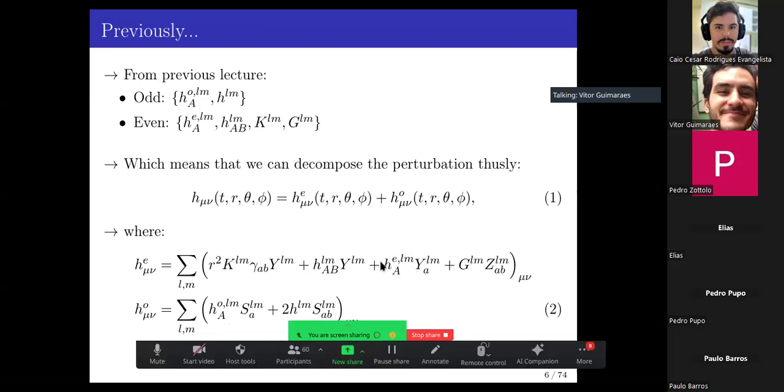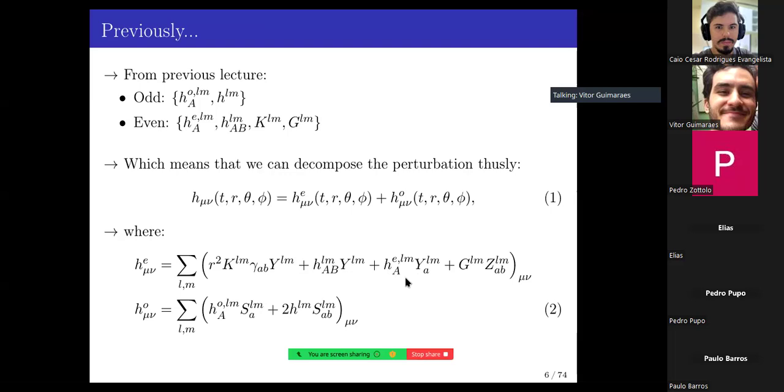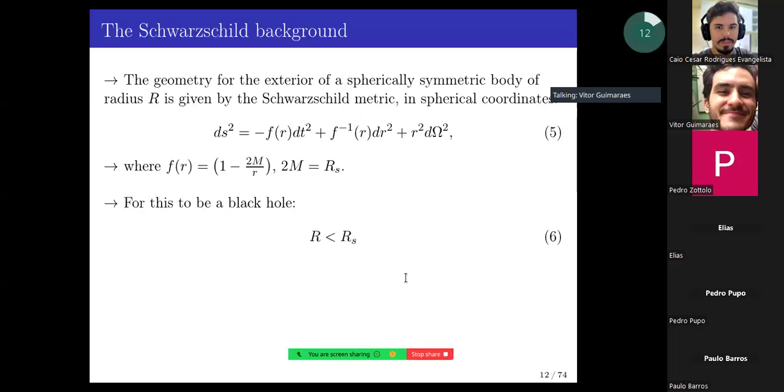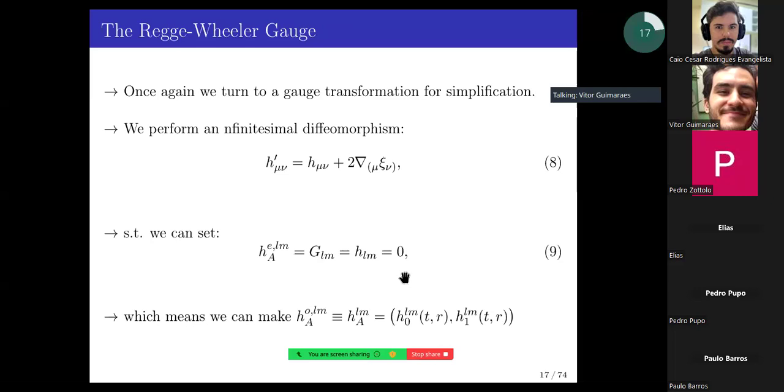But we are setting the even version equal to 0, which means that basically there is only one now, which, so that we don't have messy notation, we relabel, defined like this. So it's a vector with respect to t and r, so there is h_lm^0 and h_lm^1, okay?